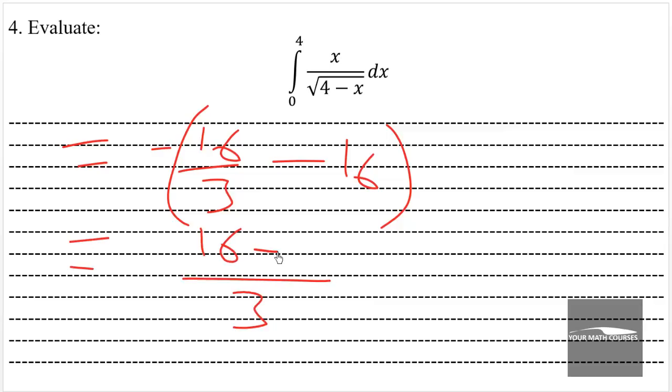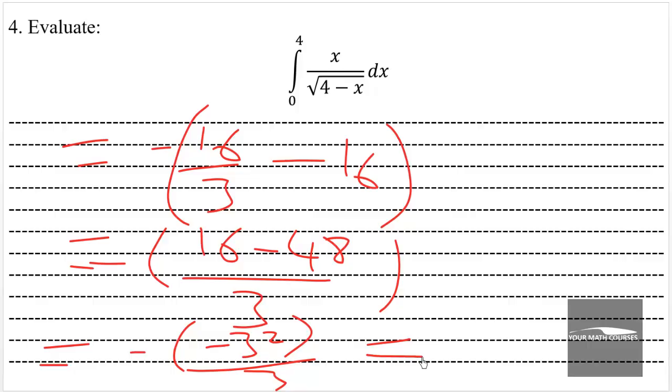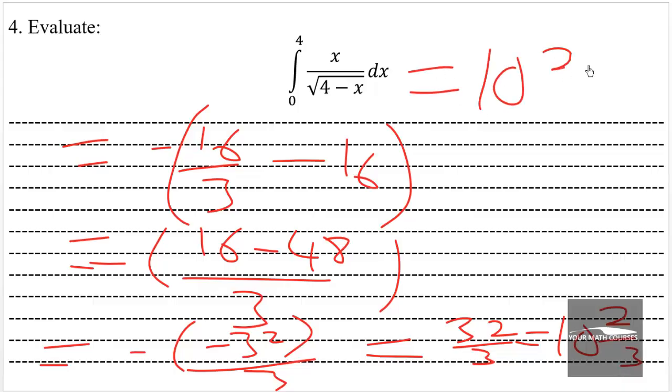We have 16 minus 48, negative, and that will give us negative times negative 32 over 3. So the whole thing will simplify into 32 over 3, or 10 whole number 2 over 3. So this whole thing is equal to 10 whole number 2 over 3.